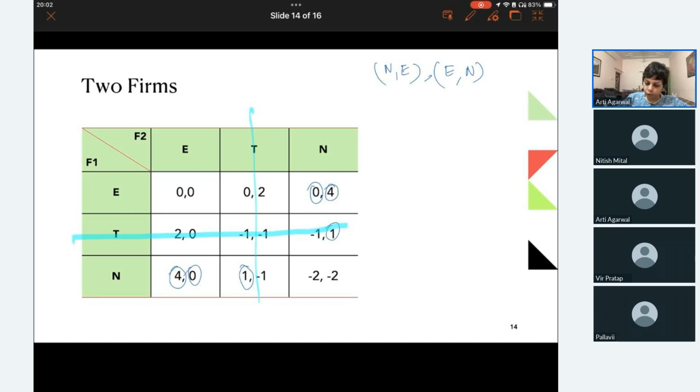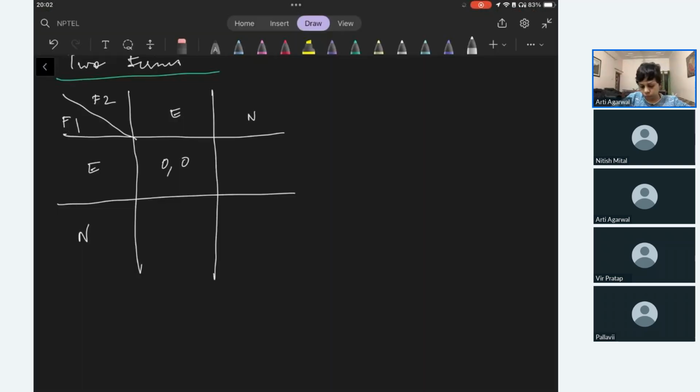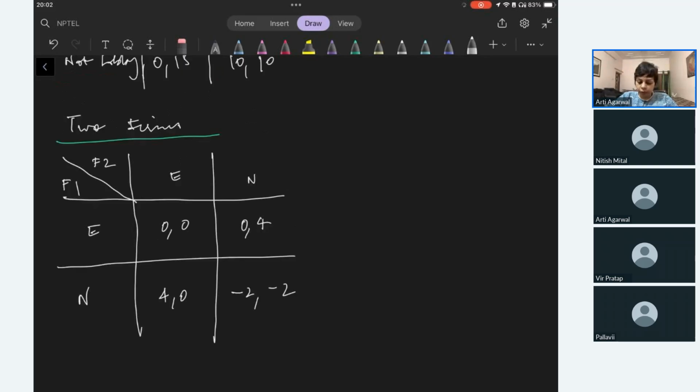Okay, so this is your reduced game. This is fairly easy to solve. You take this as P, this as Q, and you solve for the mixed strategies. I will post a solution for this also, but I would really much prefer it if you can try to solve it yourself first.